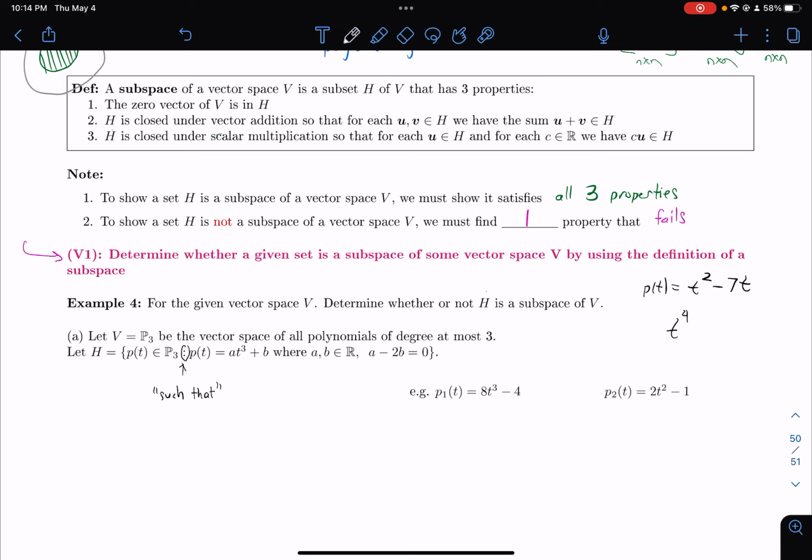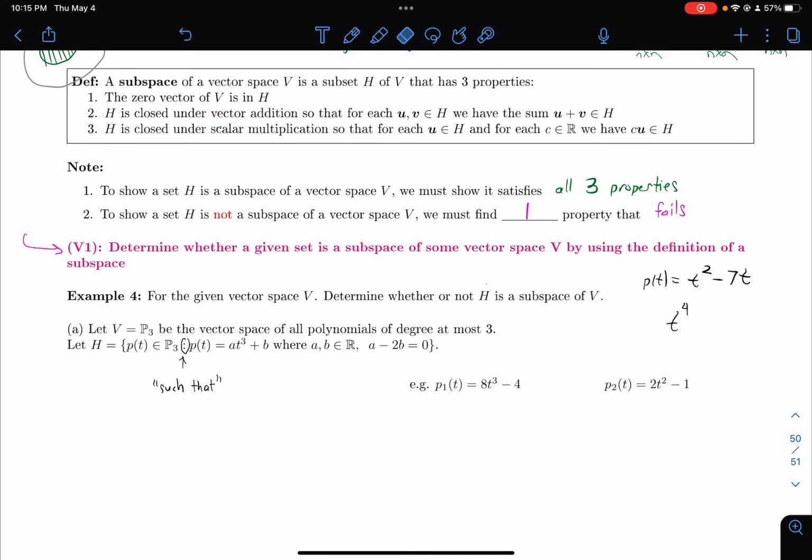So this polynomial p(t) has got to have this form. It's got to look like something times t cubed plus something. Okay, and then comma, it has to satisfy this other property, that a minus 2b equals 0. So these coefficients, a and b, need to satisfy this other condition. Okay, so let's get a feel for what types of polynomials are in H.